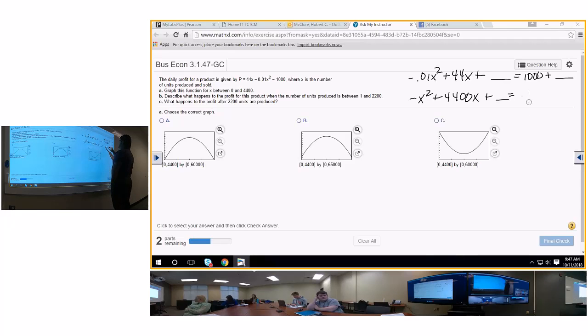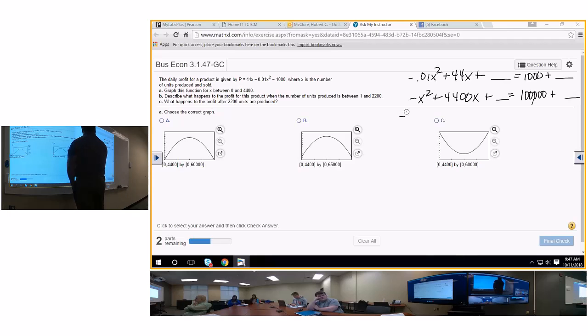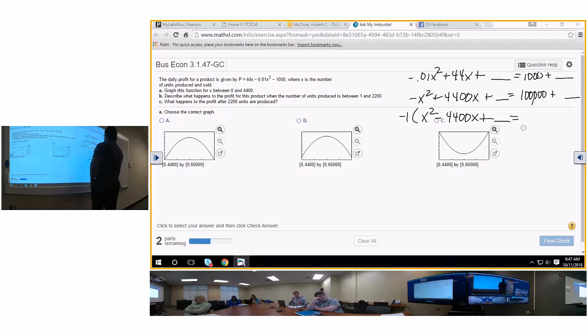We add 2 zeros, so that's going to be 100,000 plus blank. Factor out a negative 1, and that's going to give you x squared minus 4,400x plus blank is equal to 100,000 plus negative 1 times blank.